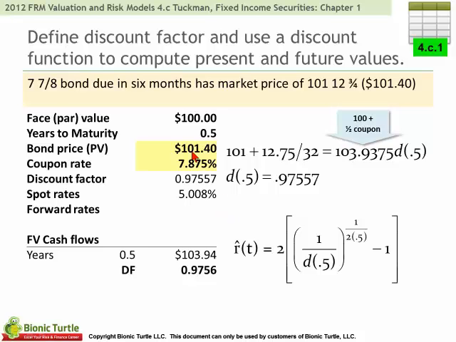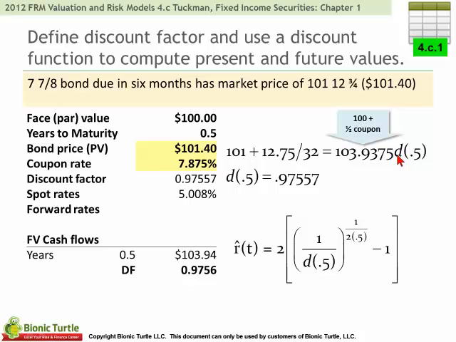But in this case, the bond price is 101.40, and we have the coupon. So notice that means that in 6 months, we're going to receive, over here on the right, the par of 100 plus half of the coupon. So in this case of the 6-month bond, there's a single future cash flow in this amount.